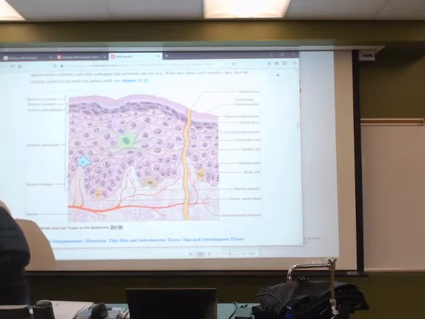Look at the right side of 6.3. Does that make sense? The right column. So we're going to say 6.3, right hand column. Does that make sense? All right.